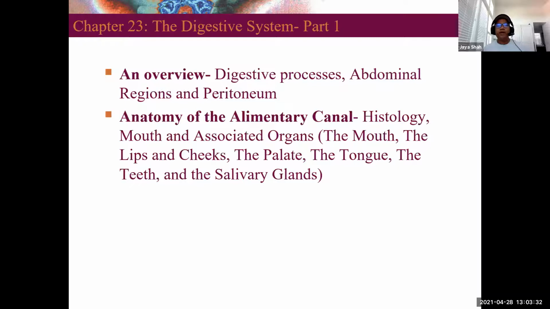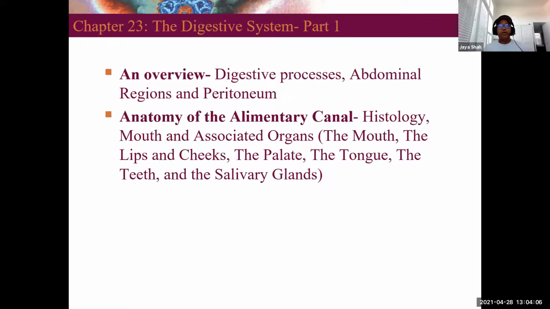Then we'll talk about abdominal regions, because to identify the structures inside the abdomen from outside, you're not going to open the abdomen every time and look inside. So you have a boundary and you divide the abdominal region into 9 regions, which we did in the very first lecture, and we're going to do it again to get an average idea where exactly the different abdominal organs lie. Okay.